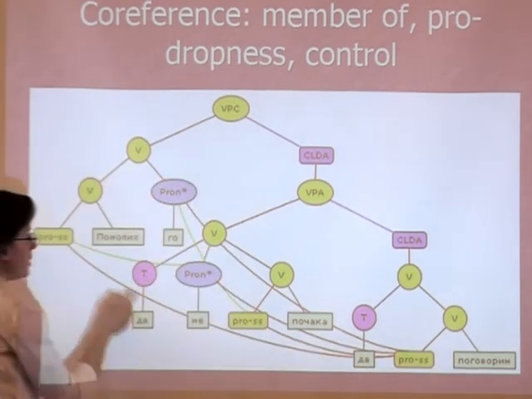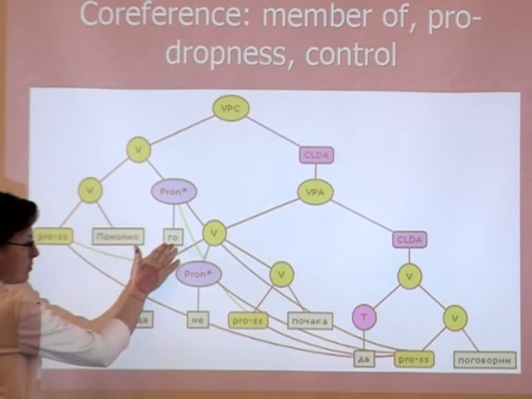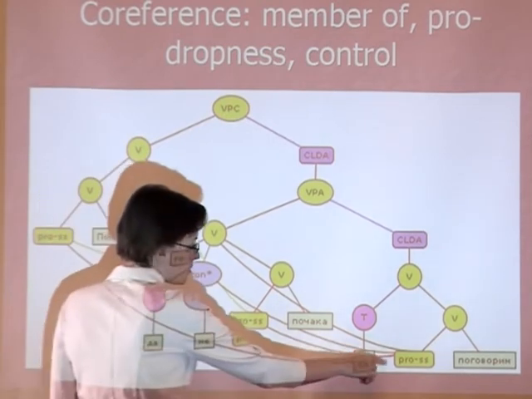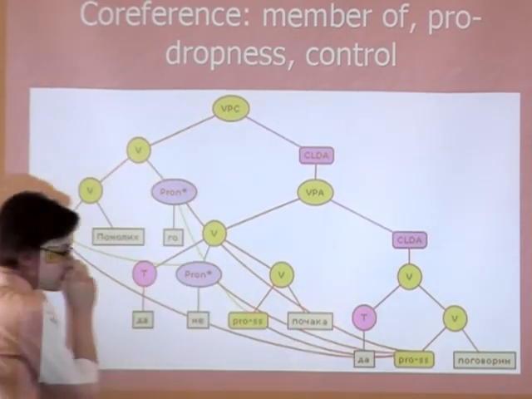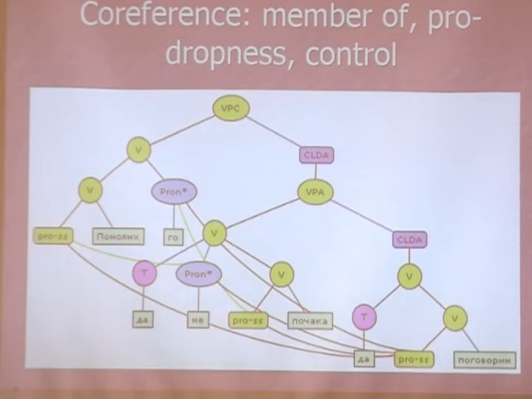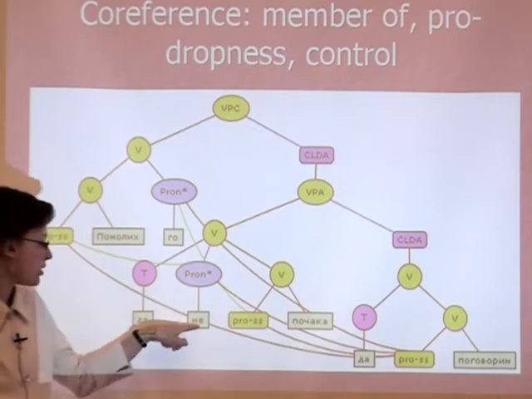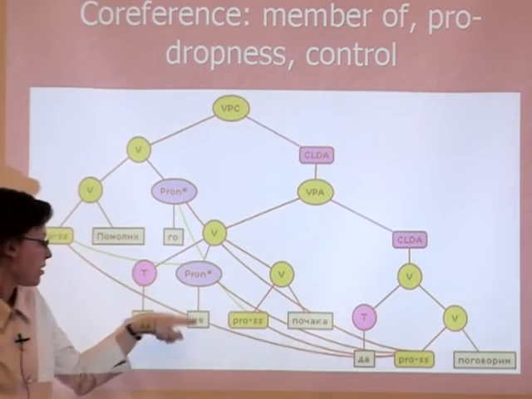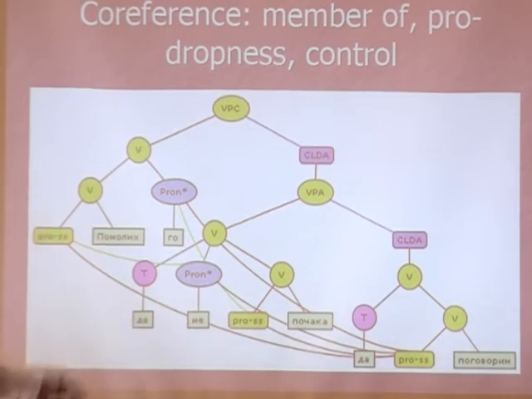And so obviously I and him, we are members of the predicate to talk. And on top of it, we have this process coreference, the unexpressed I with accusative me, and the other things as well.